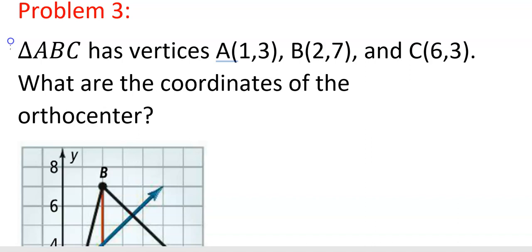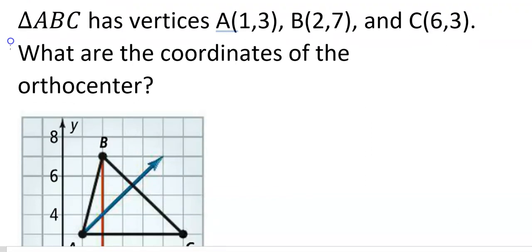So the first thing you're going to do is graph A, which is (1, 3), B, (2, 7), and C, (6, 3). And they want to know what are the coordinates of the orthocenter. And for these, you're going to have to do specific things. There are steps involved, so you can be as wordy as you want to be for those steps.